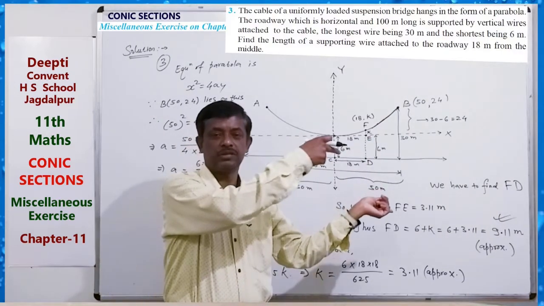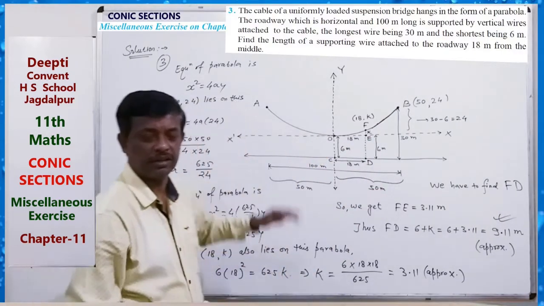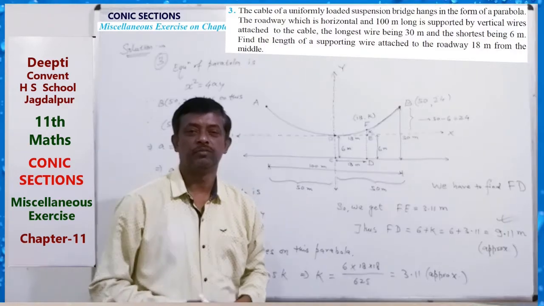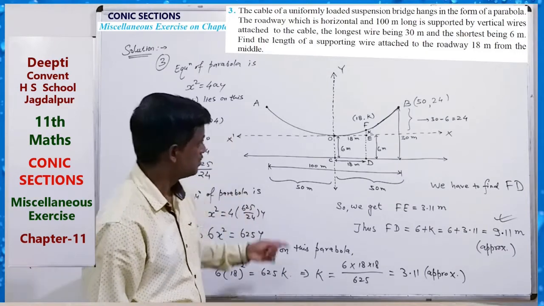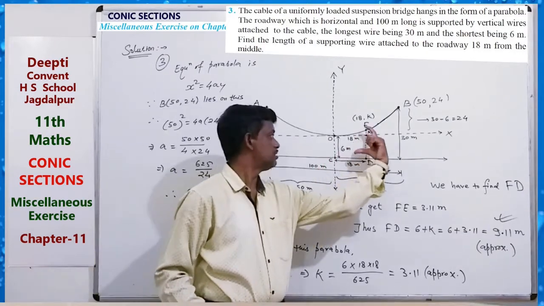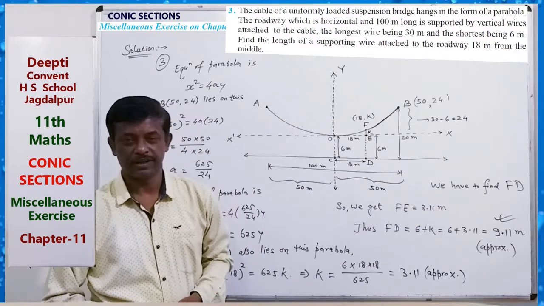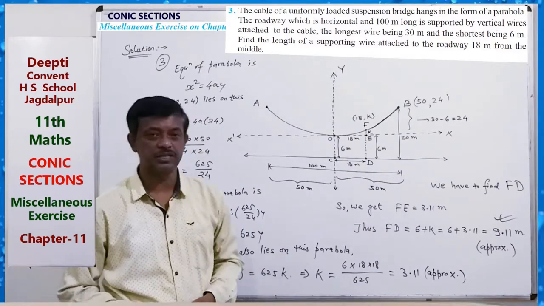Then that point will satisfy the equation and you can get the required value. Here FD is required. So this is the solution of question 3.